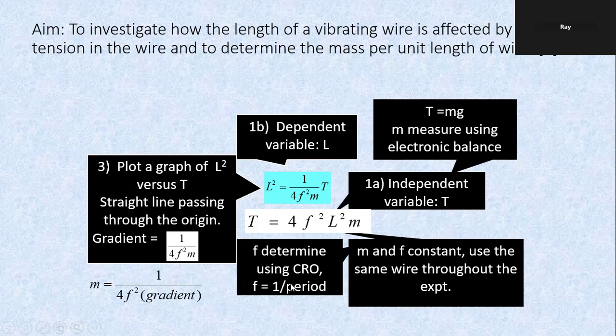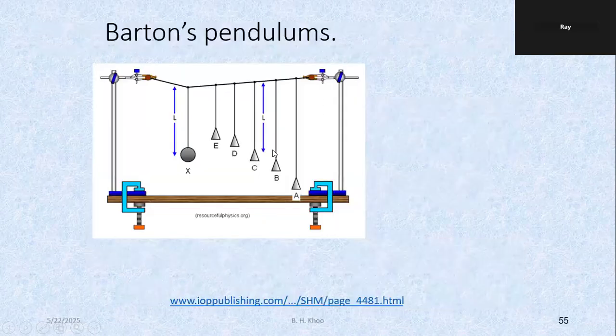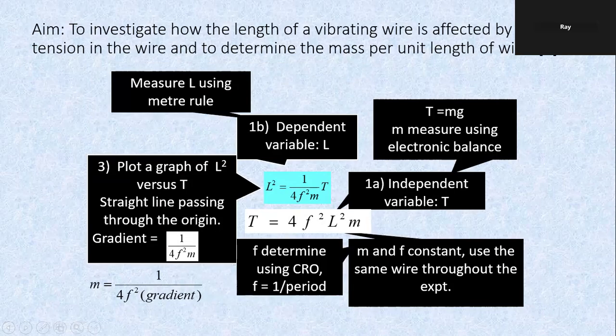How do you determine it? You determine the period using the CRO, and f is one over the period. Right? L can be measured using a meter rule or half meter rule. So you should be able to get 7 marks. So you can do all that out of 50 marks.